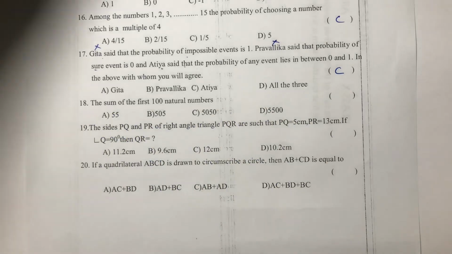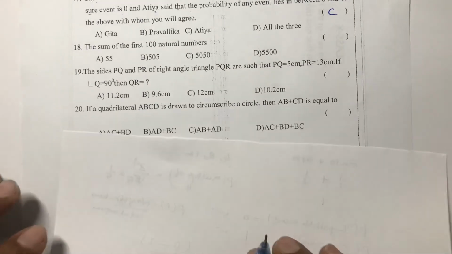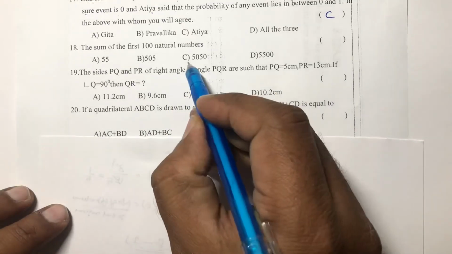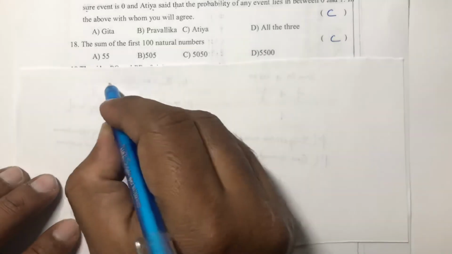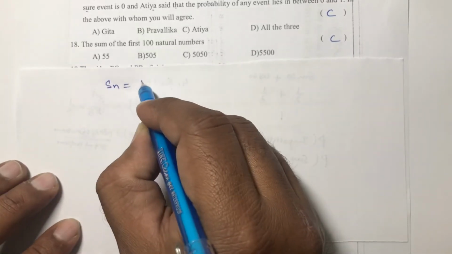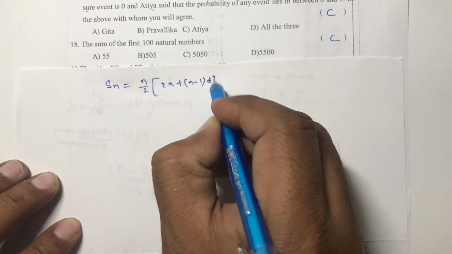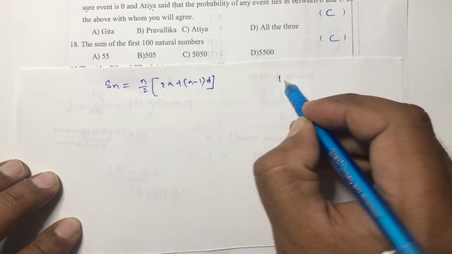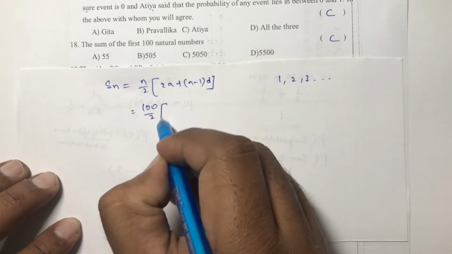Next question. The sum of 100 natural numbers. See, it is a Gauss number. You can directly tell the answer is 5050. The correct option is C. But I'll solve with the help of the formula. Sum of n terms is n by 2 into 2a plus n minus 1 into d. So here 1, 2, 3, and so on. Here 100 natural numbers.